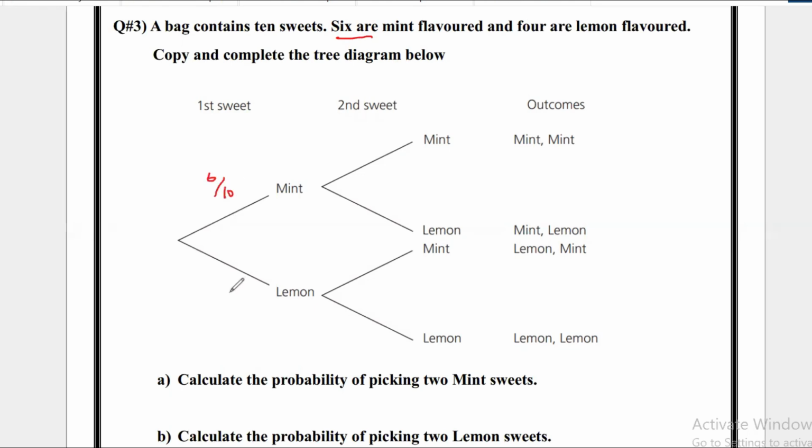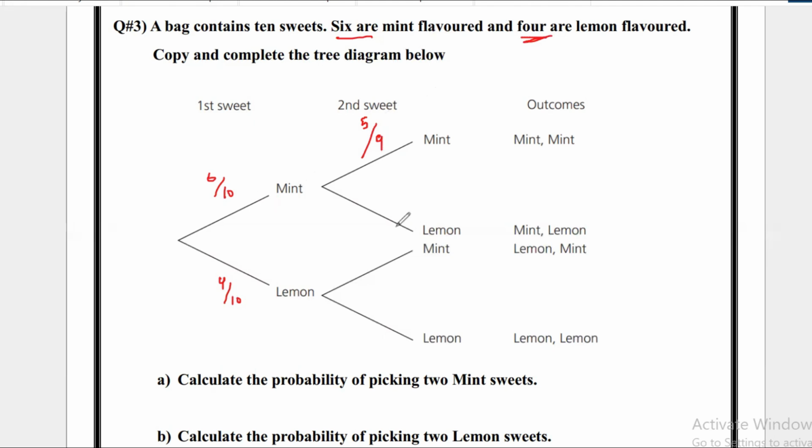Same for lemon, of course, 4 over 10. Remember that these are dependent events. So when you select mint the second time, it will affect the total outcomes. It means first it is 6, now you have 5. Of course, the total will also be less, so the total will be 9.